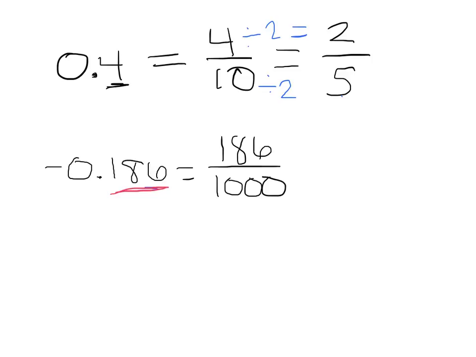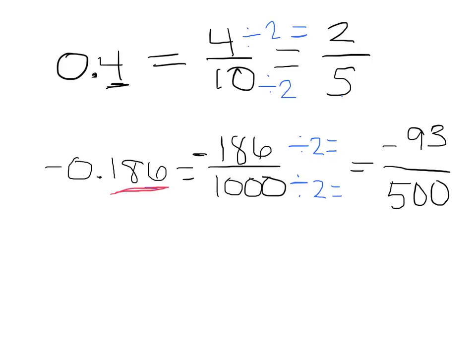And I can't forget my negative sign. Now all I have to do is simplify that. So I see that they are both divisible by 2, which means they can both be evenly divided by the number 2. So a negative 186 divided by 2 gives me a negative 93. And if I take 1,000 and I divide it by 2, I will get 500.